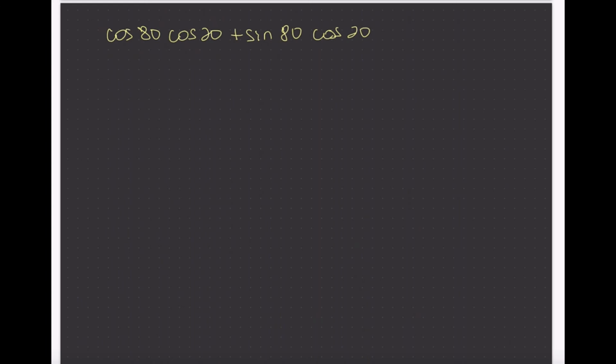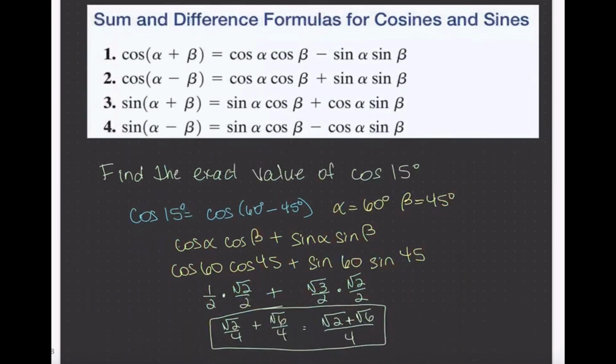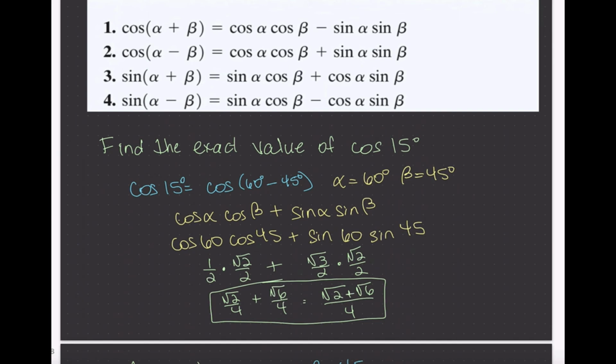So I'm going to rewrite this like how the left hand side of my formula is written. So which one is this? Is this sine or cosine? And is it addition? Is it the sum or is it the difference? So if I hop back up here to my little formula sheet, they gave us something over here on the right, right?